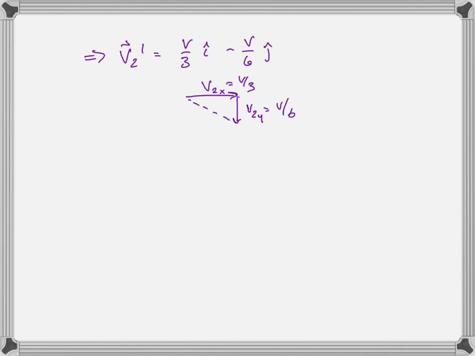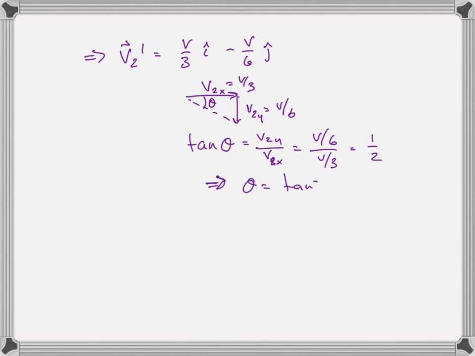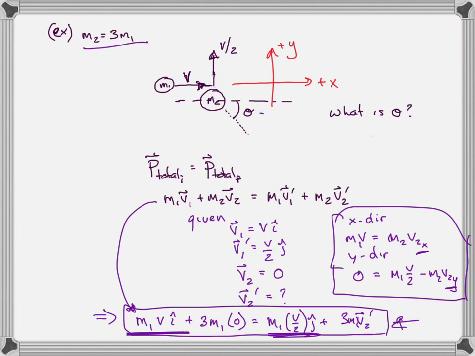And so the angle theta is going to be: tan theta equals opposite v2y over adjacent v2x, which is v over 6 over v over 3, which is 1/2. Therefore, theta equals the inverse tangent of 1/2, which is 26.6 degrees.